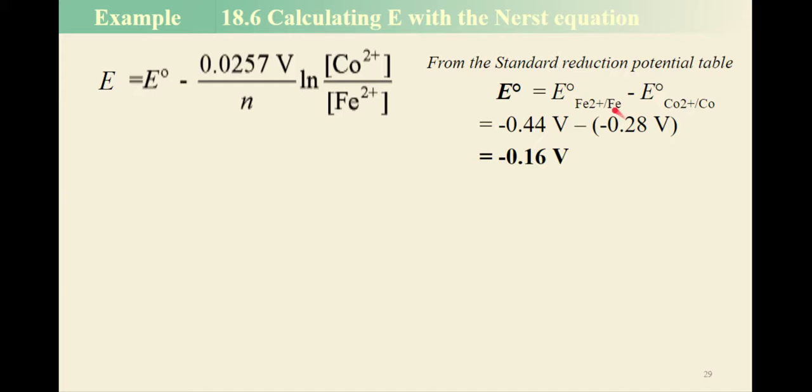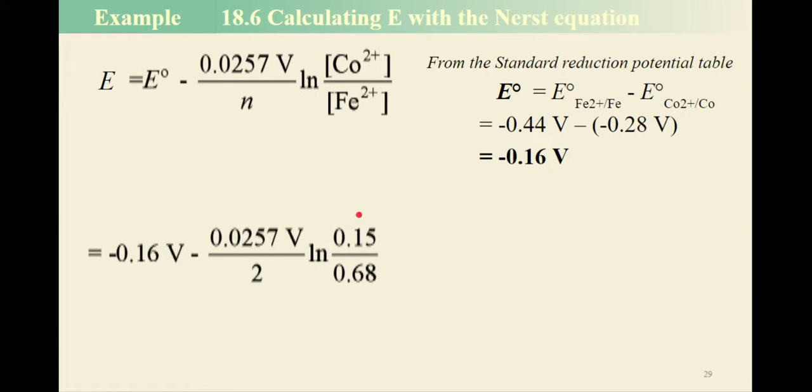So if we were to just say right now, under standard conditions, would this reaction go? The answer would be no. Under those conditions, a negative voltage would not be a spontaneous reaction. But we're not at standard conditions. We have these concentrations.